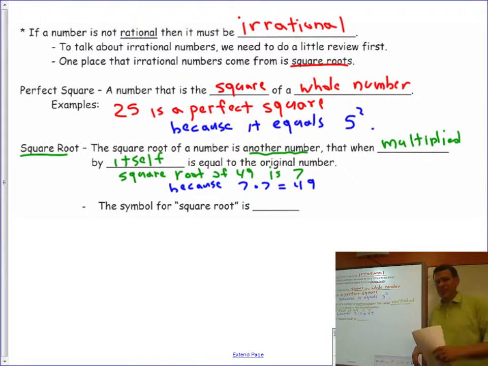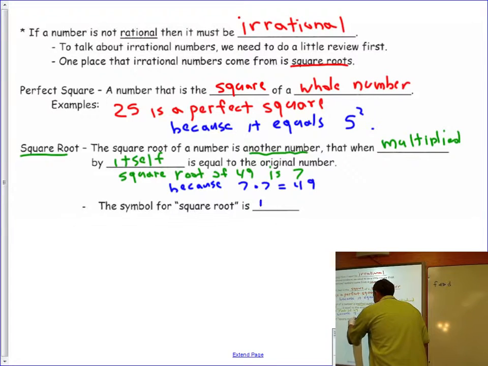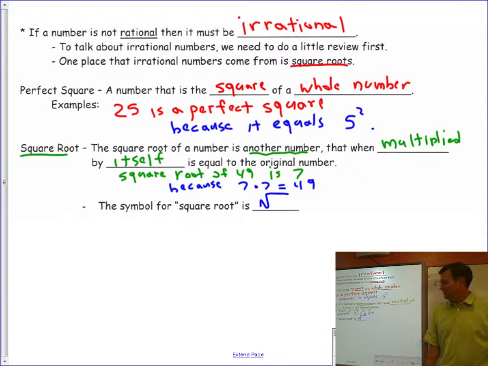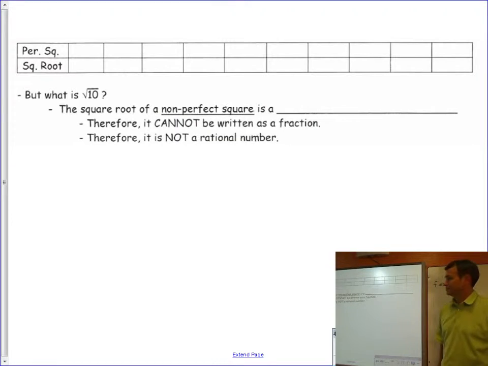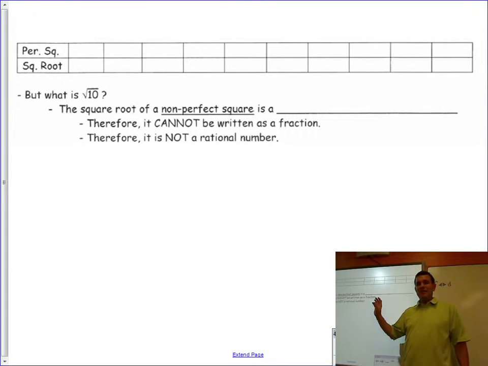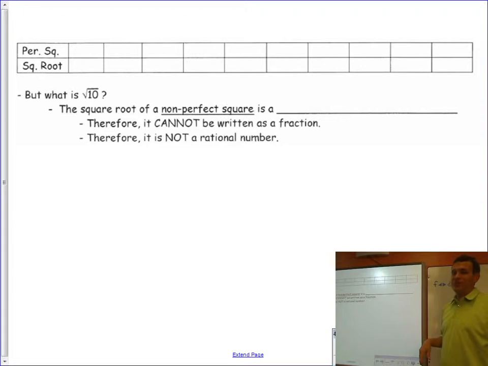Do you remember the symbol for square root? It's the little division symbol with a little check mark, kind of. Square roots are important to know a little bit about because it's one of the places we get irrational numbers. I have this little challenge to see how fast people can name all the perfect squares up to 100.